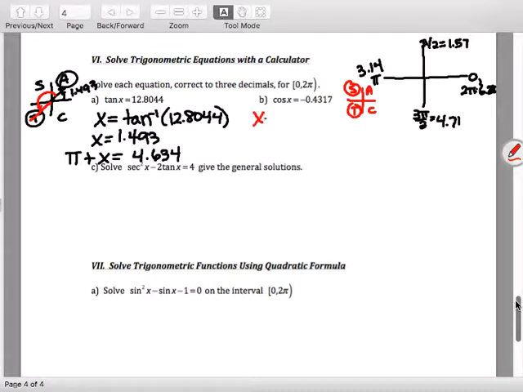So we're going to use our calculators and do the inverse cosine of this negative decimal. And what are you guys getting to 3 decimals? Okay, that's what I got. X is 2.017.